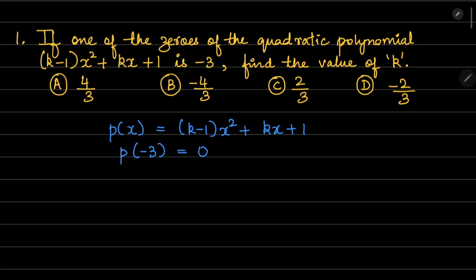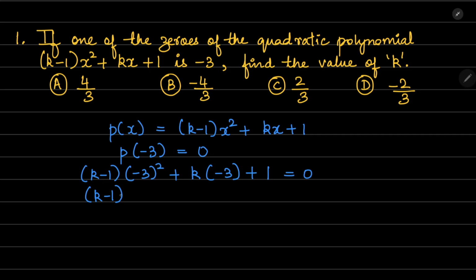Now let us substitute minus 3 in place of x and find the value of k. So (k minus 1) multiplied by (minus 3) the whole square plus k multiplied by minus 3 plus 1 is equal to 0.